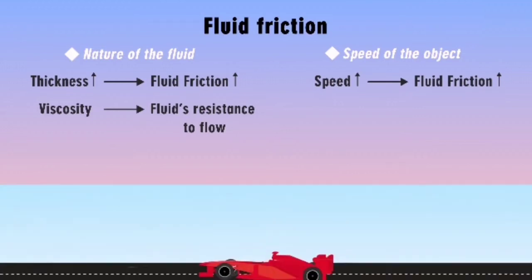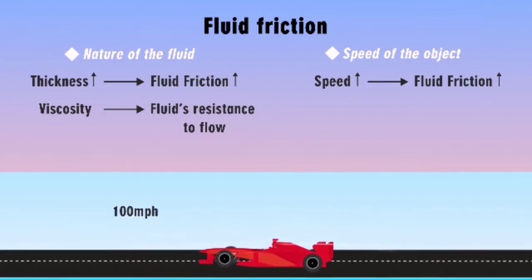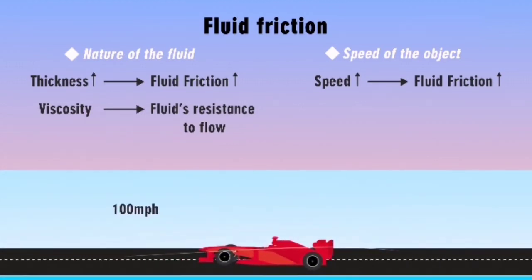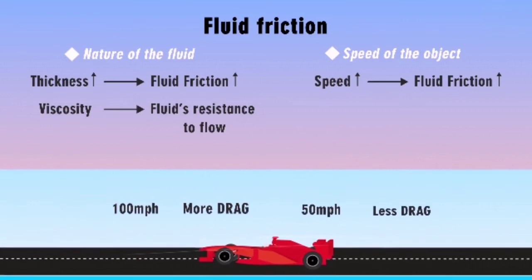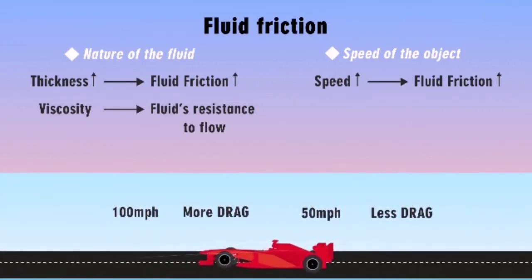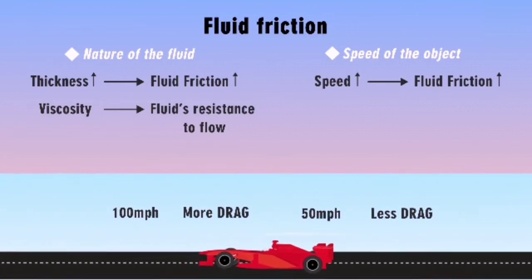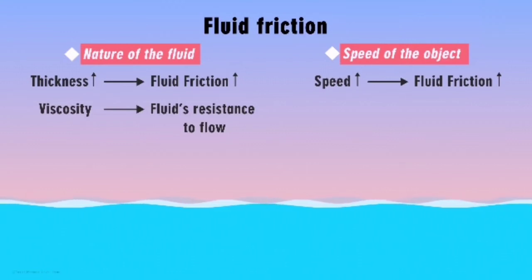A vehicle traveling at 100 miles per hour will face more drag of air as compared to a similar vehicle traveling at 50 miles per hour. Apart from the nature of the fluid and the speed with which the object is traveling, is there any other factor on which fluid friction depends?